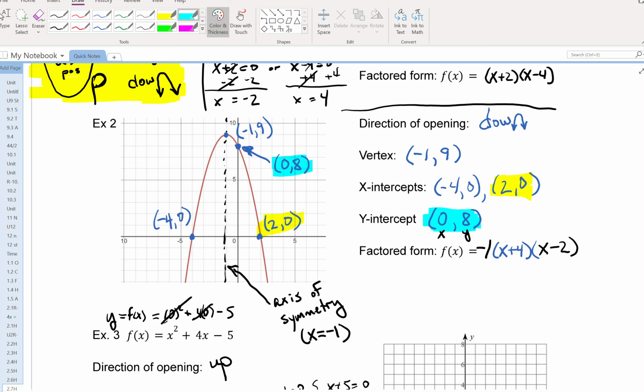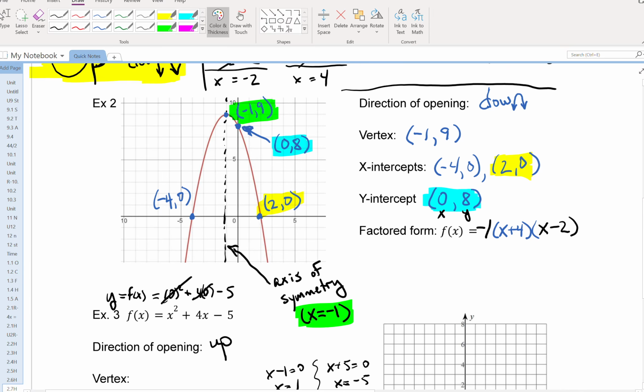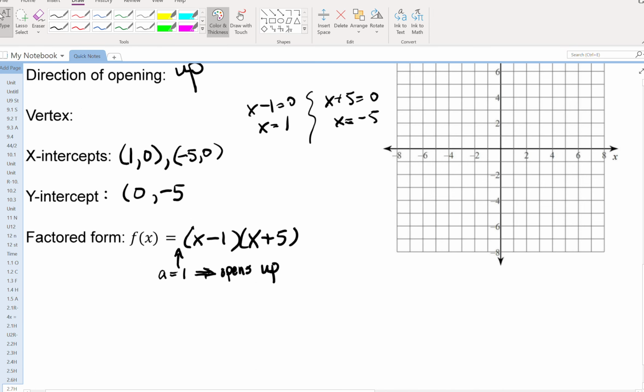The same as the x-coordinate of your vertex. Always going to be the same as the x-coordinate of your vertex. And everything is the same distance. So if I go from any point, like here, for example, is 1, 2 points to a point on the parabola from the axis of symmetry. There go 1, 2 points to the other side, also on the parabola. So we can take the average.